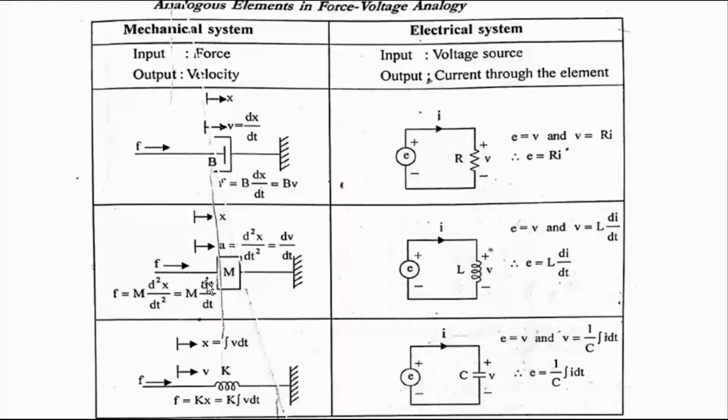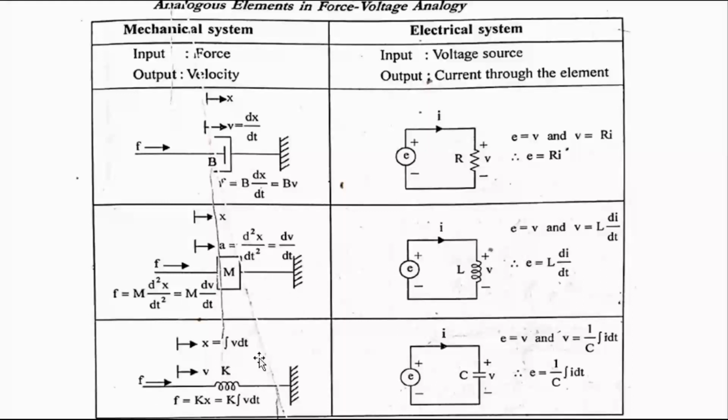Then this mechanical system is compared with the electrical inductance circuit. The inductance is connected across a voltage source, so the voltage across the inductance is L into dI divided by dt. Now compare these two equations. Here in the mechanical system mass element, here in the electrical system inductance. In the mechanical system velocity, here the current. These are the analogous quantities.